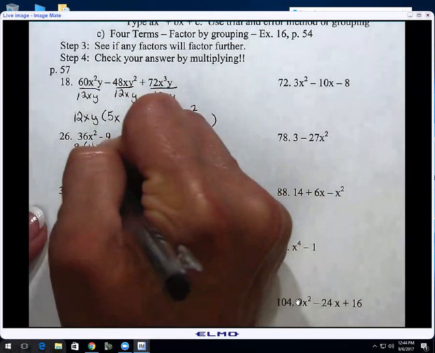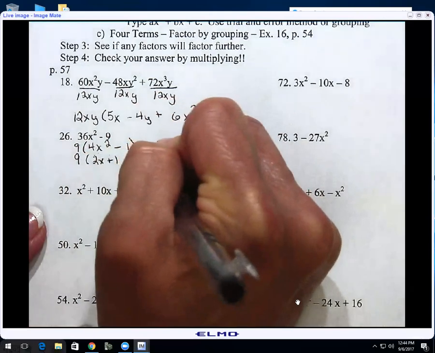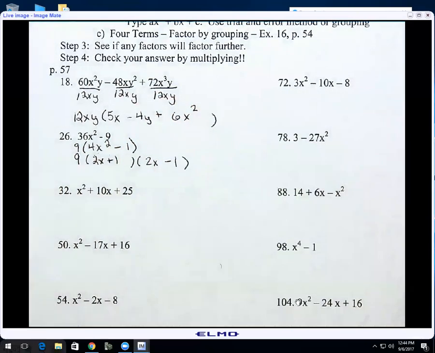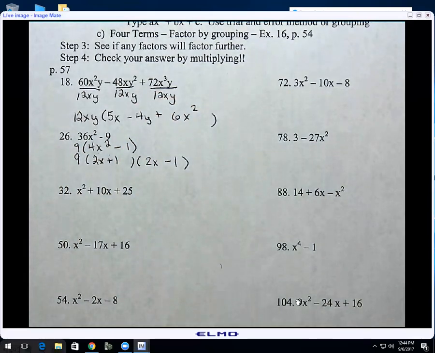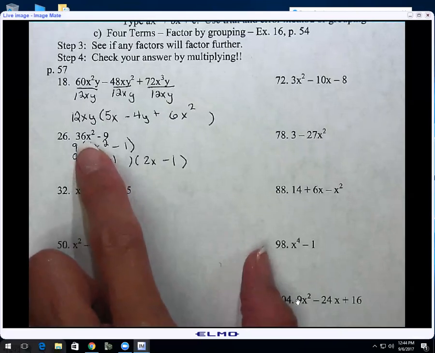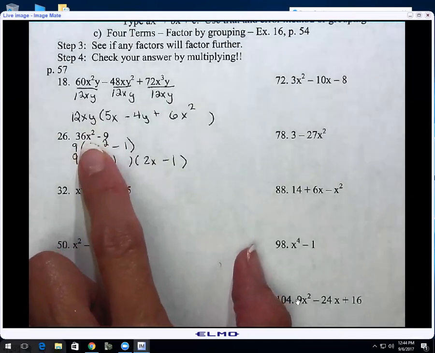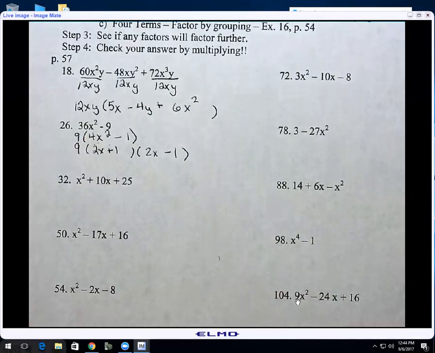Two identical binomials, except for one has a plus, one has a minus. And that's why when I check my answer, the outer and the inner terms will give me 0. And I'll only end up with a binomial for my answer.